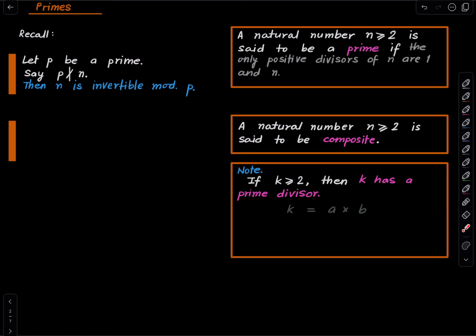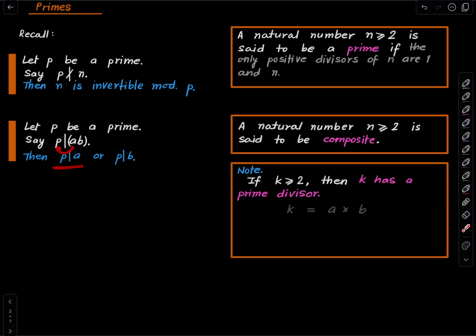Anyway, I'm sure we know all of these things by now. And one more thing I want to again stress, which we have seen earlier, is that if P is a prime, and suppose P divides the product of two integers, a and b, then P divides at least one of those two integers. Why is that? Well, if P divides A, great, we are done. If P doesn't divide A, then P is relatively prime to A. But then you can apply the dropping property.